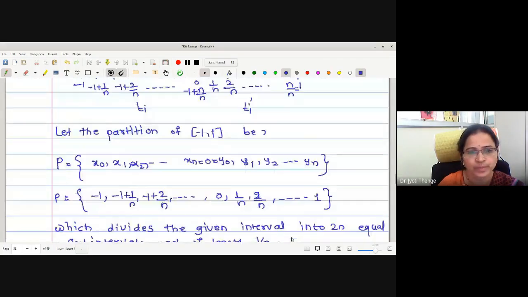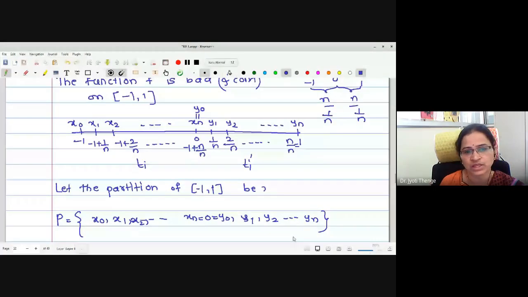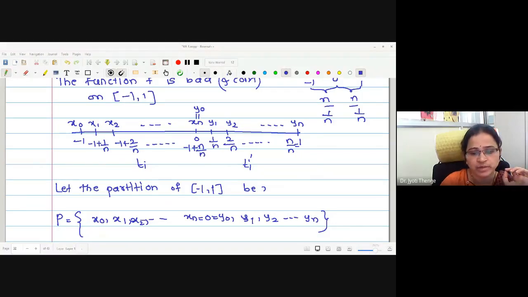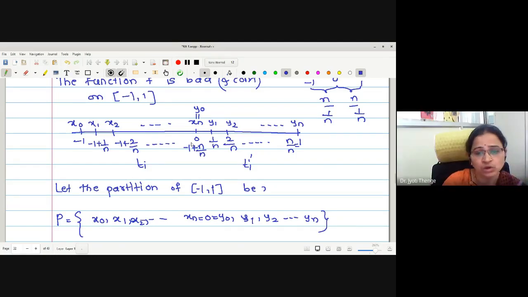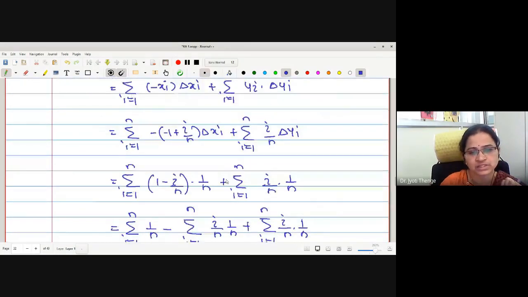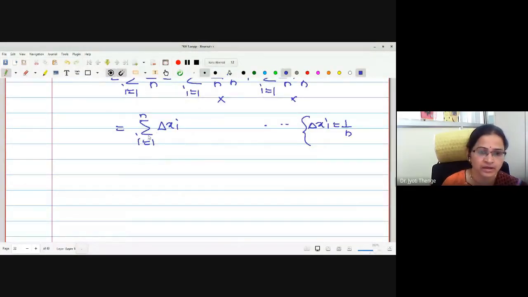The sum of all these intervals, x0 to x1, x1 to x2, up to xn. What is the sum of all these? Yes, it is 1, the interval minus 1 to 0. This total length is 1. So let us write directly summation delta xi, i ranging from 1 to n, is 1.